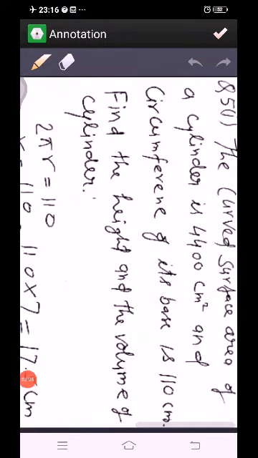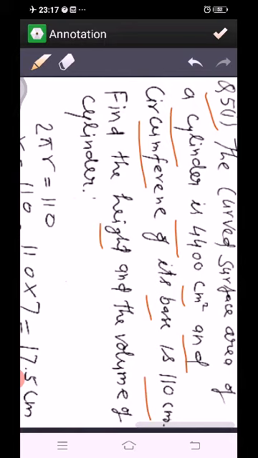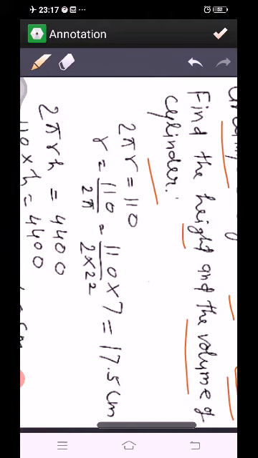Let us take question number 5, first part. The curved surface area of a cylinder is 4400 centimeter square and the circumference of its base is 110 centimeter. Find the height and the volume of the cylinder. So here, given circumference of base 110, that is 2 pi r. 2 pi r equal to 110.